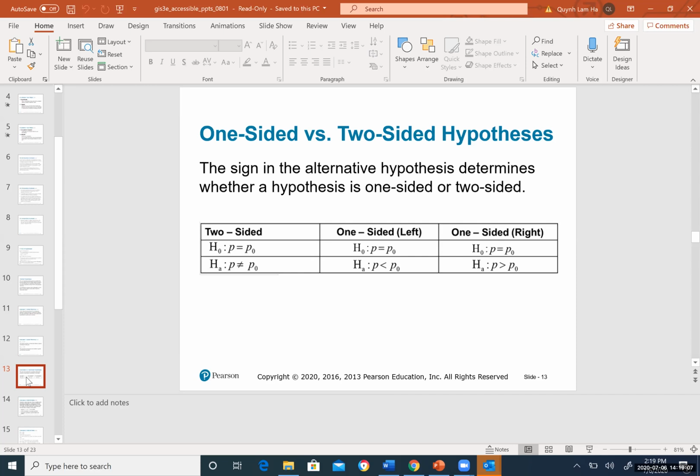For this slide, they're talking about one-sided versus two-sided hypotheses. What does it mean? You notice here they have three columns. The first column is about two-sided, which means a two-tail test. For the alternate hypothesis, they will use p not equal to p naught. Actually, p naught is the value from the claim.